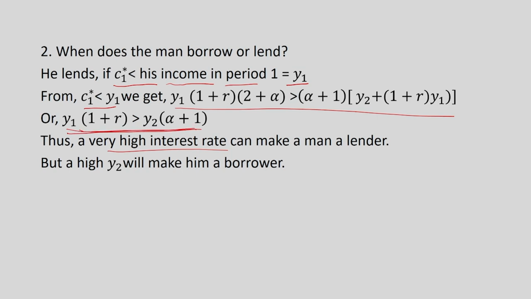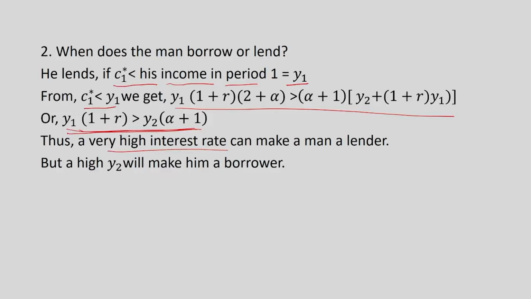So, basically a high rate of interest makes a man prone towards saving money, and the intuition is very simple: if the rate of interest is high, then you want to save money so that you can take the advantage of that high rate of interest. So, in that case you will consume less in the first period and save more so that you can afford more consumption in the second period. So, that is why rising R will make you a lender, that is a saver and a lender.